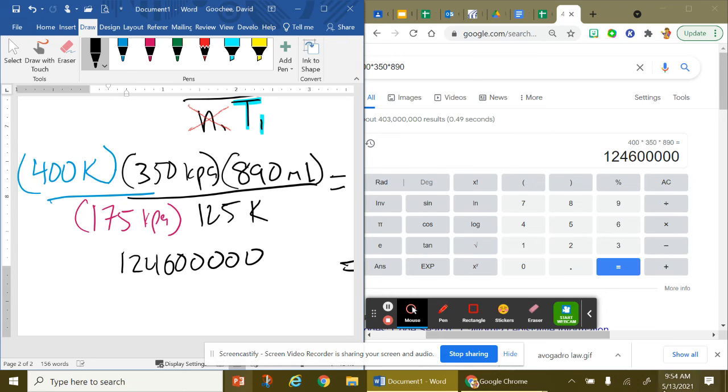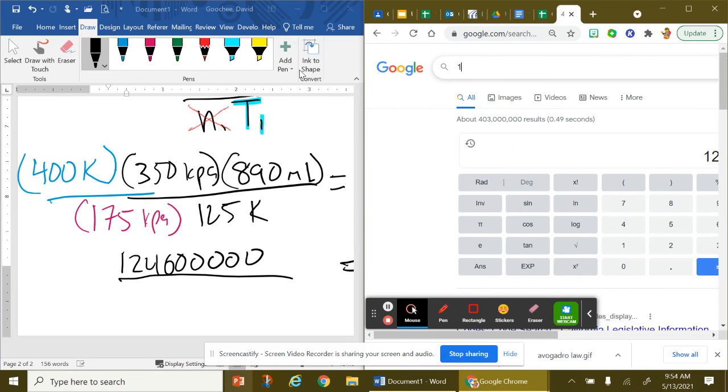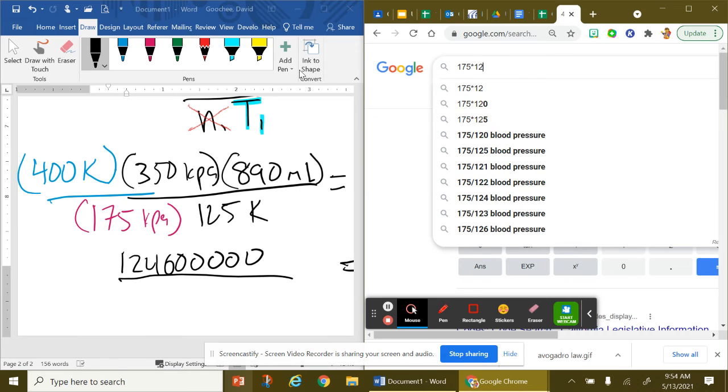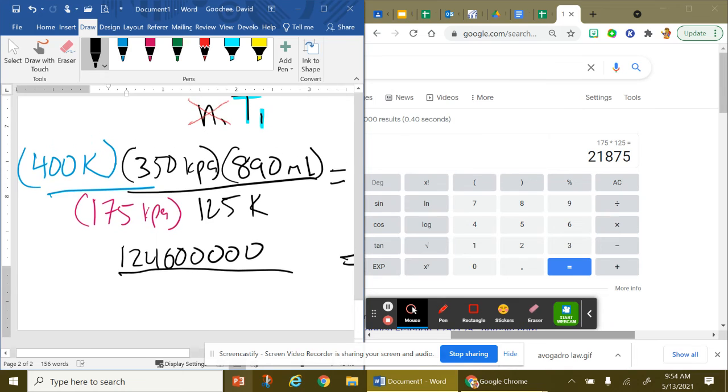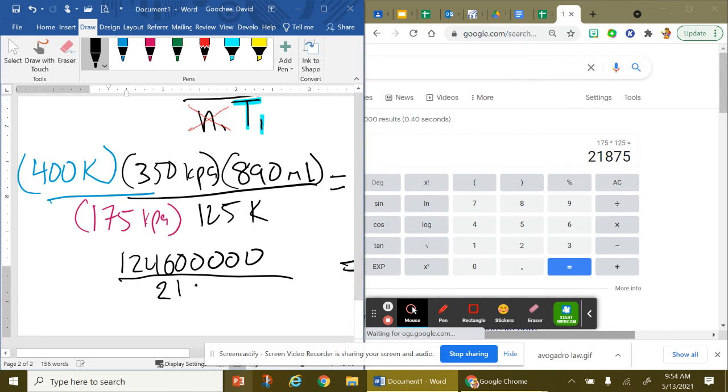Okay, big number, makes sense. Then on the bottom, we've got 175 times 125. We get as an answer 21,875.